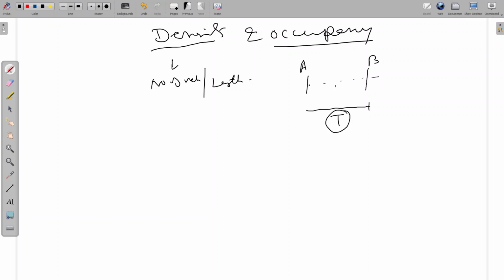Suppose one vehicle has arrived and crossed the section. Say it has spent time T1. Then another vehicle has arrived and crossed the section, spending T2.